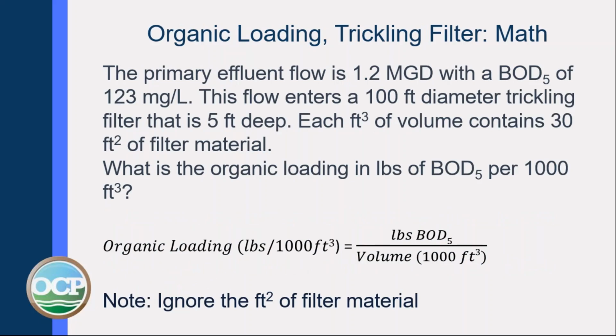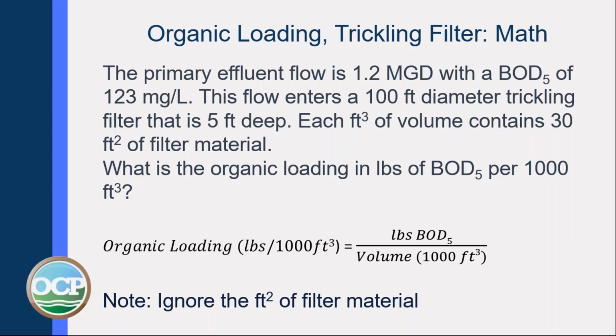For trickling filter math, we calculate organic load. Here's a formula, or a question. We'll work this one out together. The primary effluent flow is 1.2 million gallons per day with a BOD5 of 123 milligrams per liter.